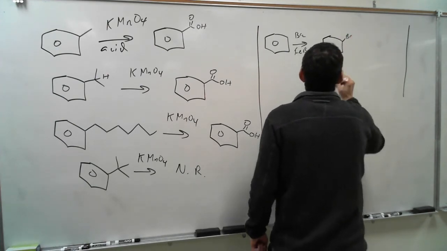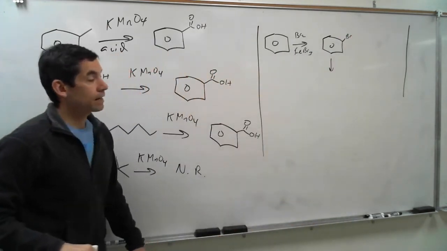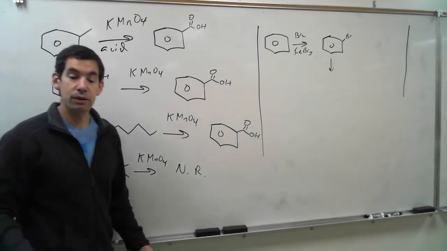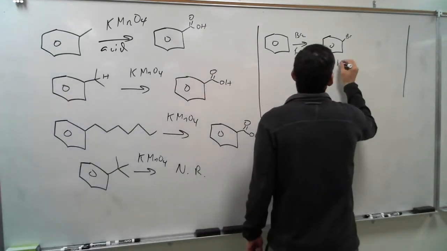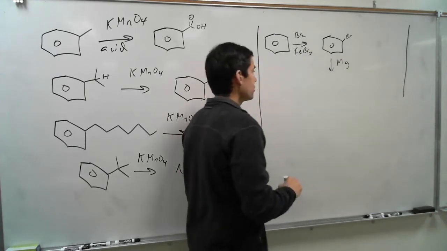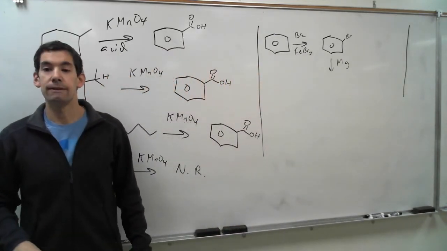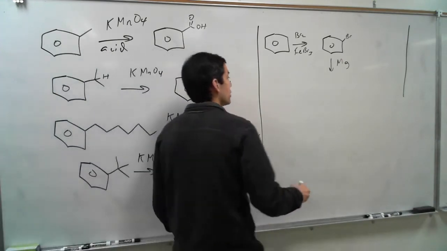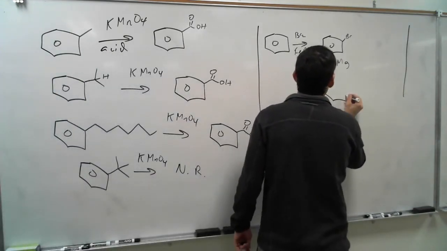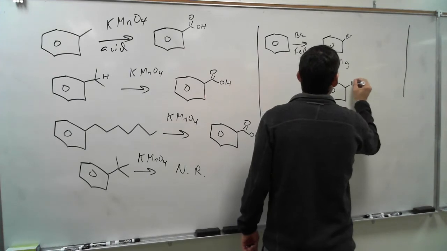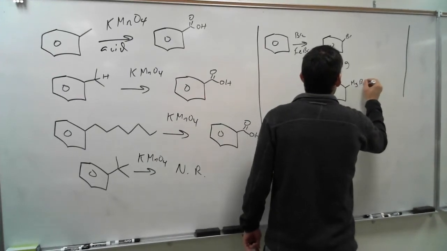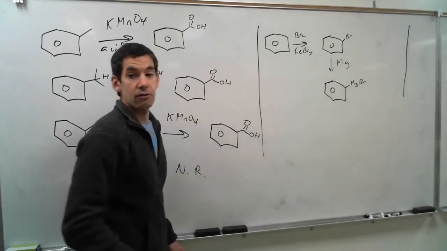All right. And now if I take my bromine on here, I can treat it with what? Mg. Why do I want to treat it with Mg? What's going to happen when I treat my bromine with Mg? We're going to generate our Grignard reagent, right? Okay. I can make my Grignard reagent.